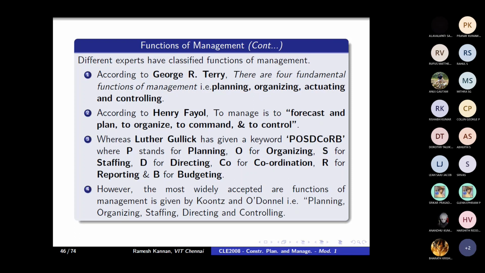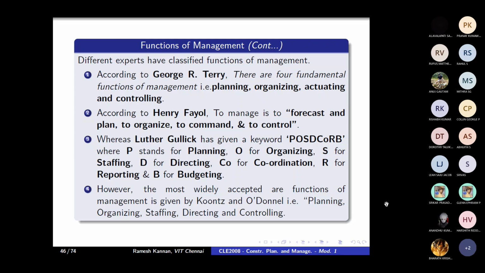However, all these things are pretty much theoretical, though most were accepted as criteria. But Koontz and O'Donnell's functions of management are still in practice. That is the very important thing, and it is five in nature.